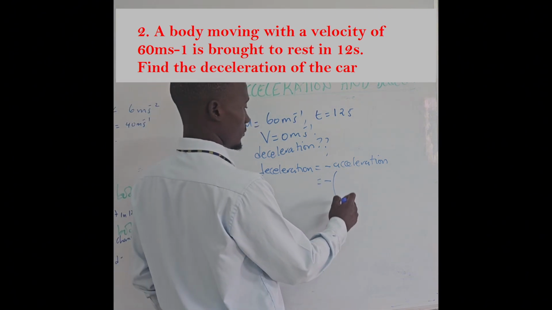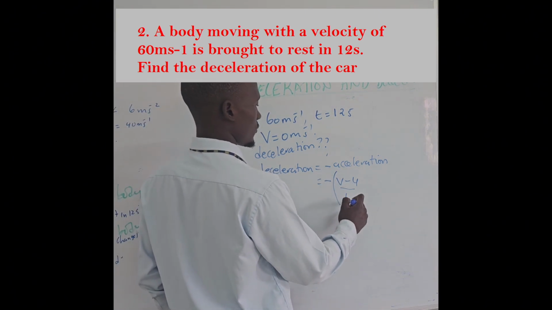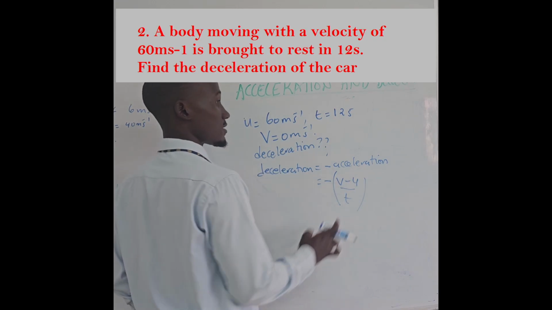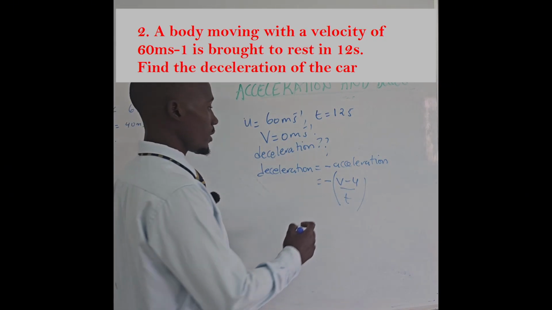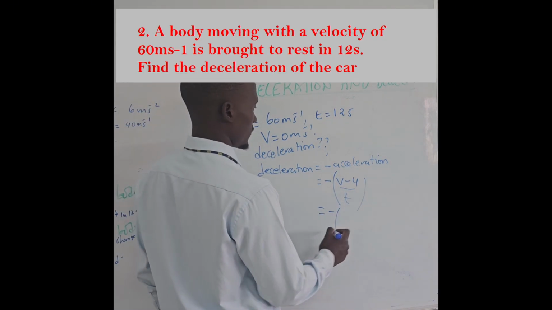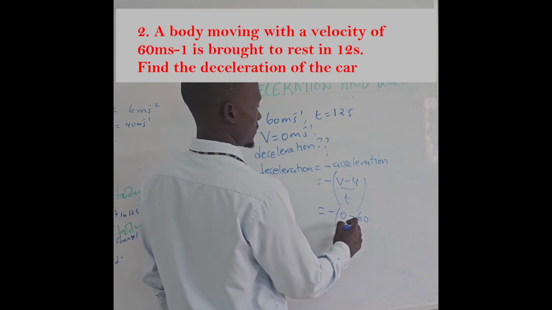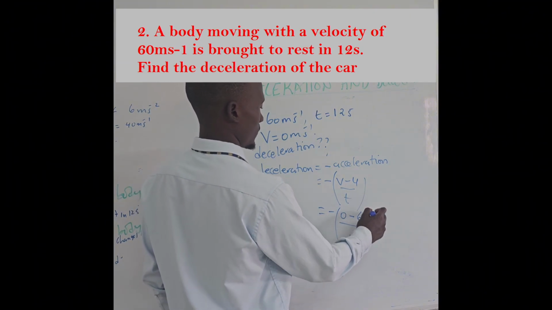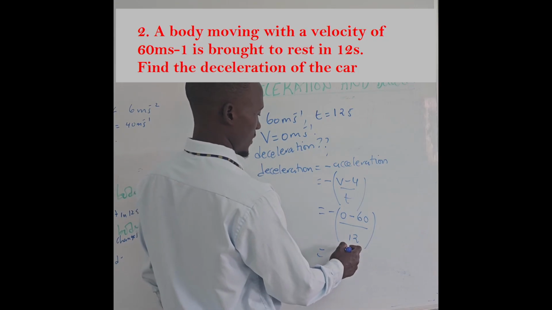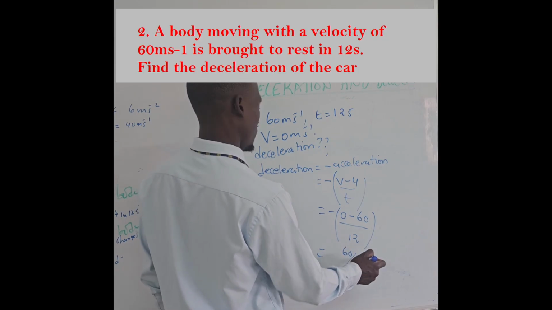So this is the same as v minus u over t, where this is acceleration. So this is negative of 0 minus 60 over 12. And this gives us 60 over 12.